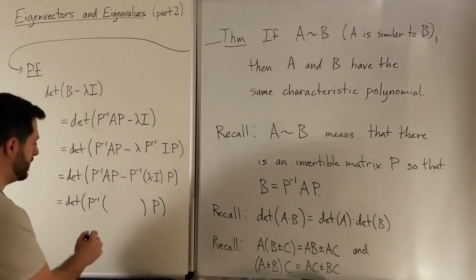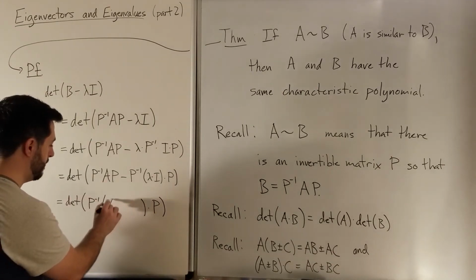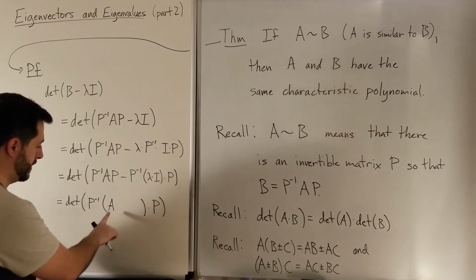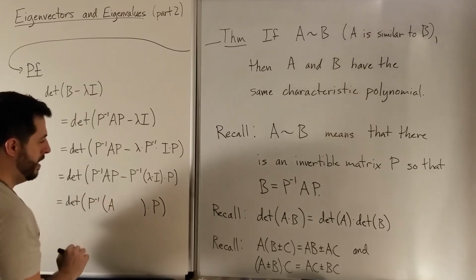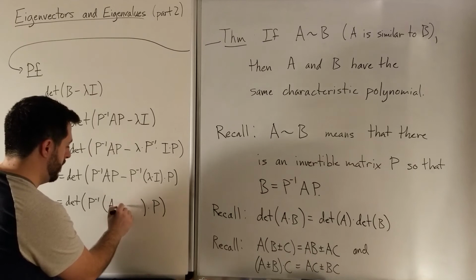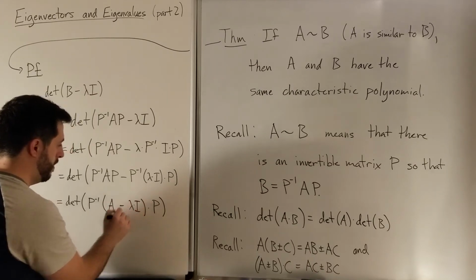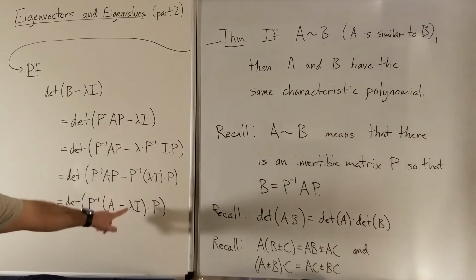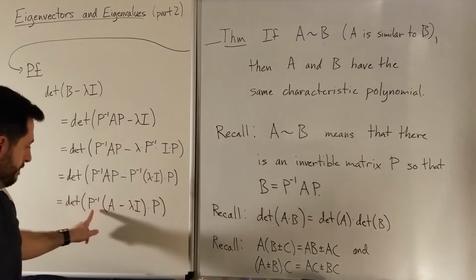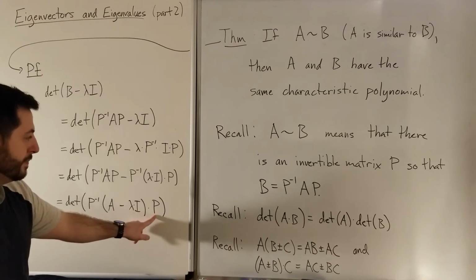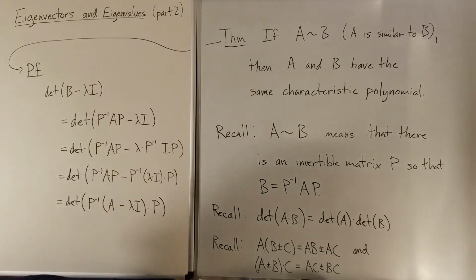What's left is, the first term is P inverse times A times P, and the second term is P inverse times lambda I times P, which is exactly what it was. The sign stays the same.